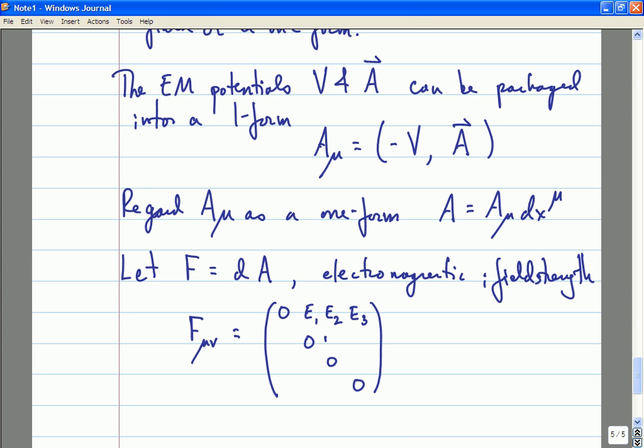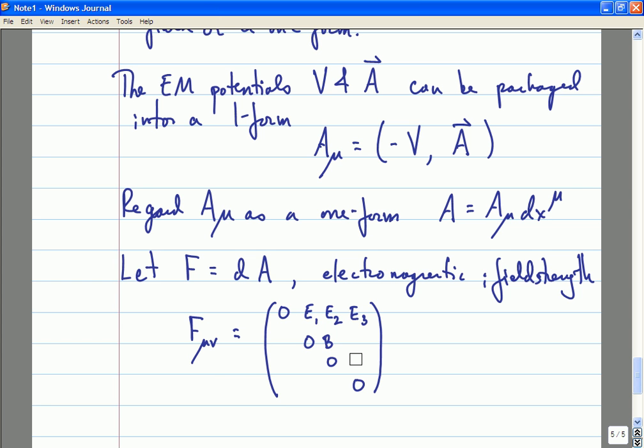Let's see. So F0I is the time derivative of AI, otherwise known as the electric field. And Fij is the spatial derivative of AI, otherwise known as the magnetic field.